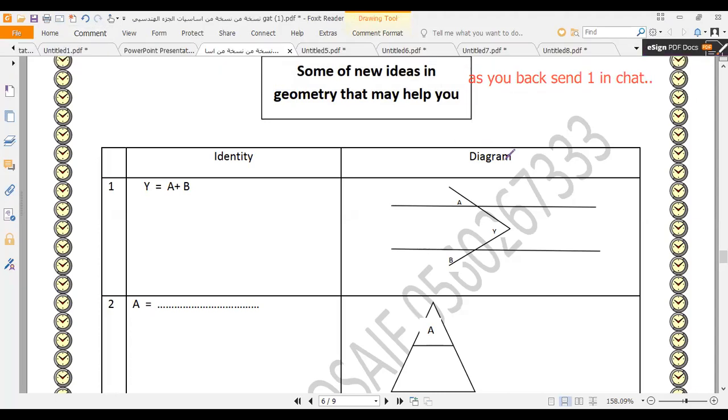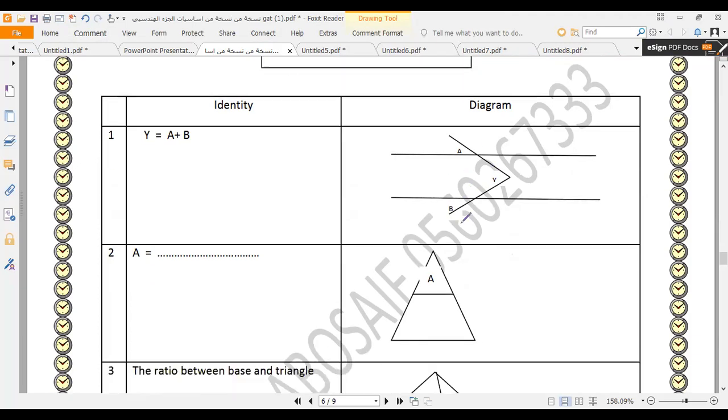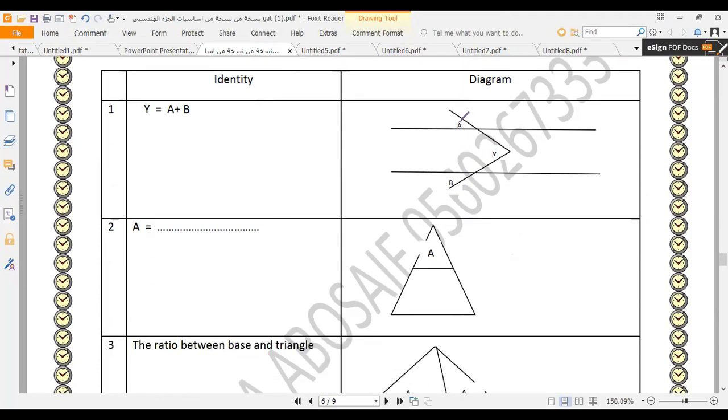Okay, my dears. Now, I collected some figures, which will be helpful for you. For example, like this question, if he gave you this angle A measured by 30, and this angle measured by 60, and he asked you to find the angle Y. As you see in this figure, you can find this is 30 because they are opposite angles, and this is also 60.